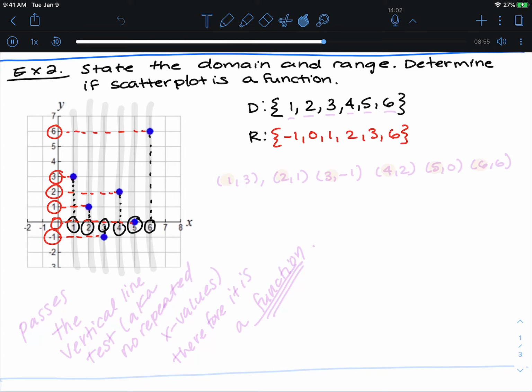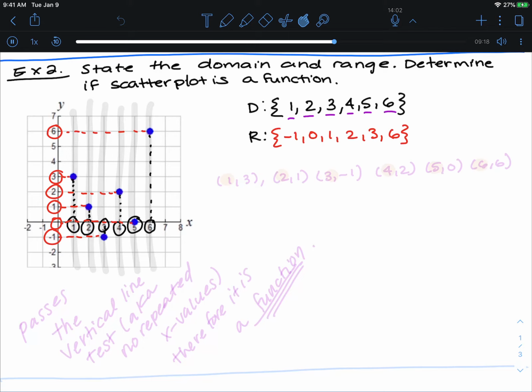Okay? And now, is this a function, yes or no? Well, you can do every single ordered pair, right? And you can check to see if this is or is not a function. In order to determine if it is, you just have to look to make sure that there are no repeated X values, which you can also just look at the domain. And you can see right here that none of those X values are repeated.